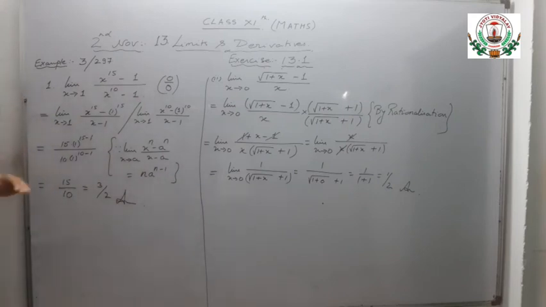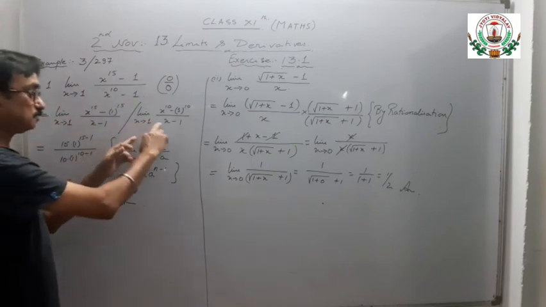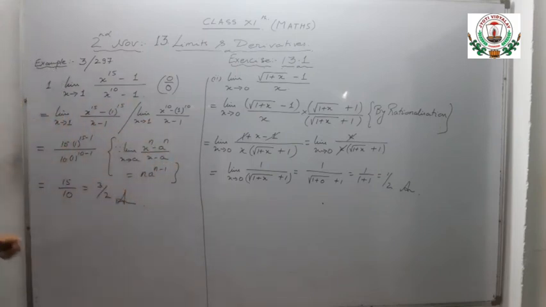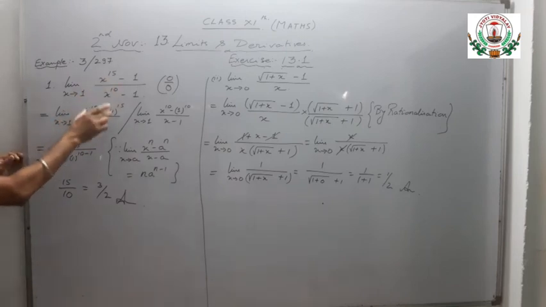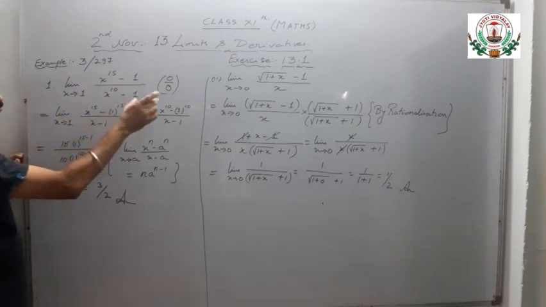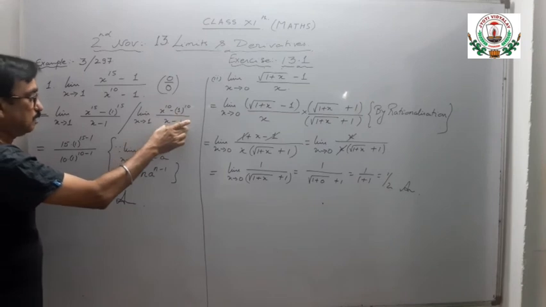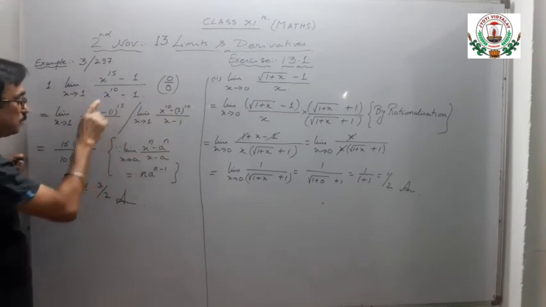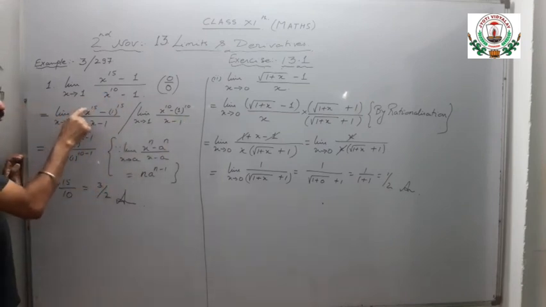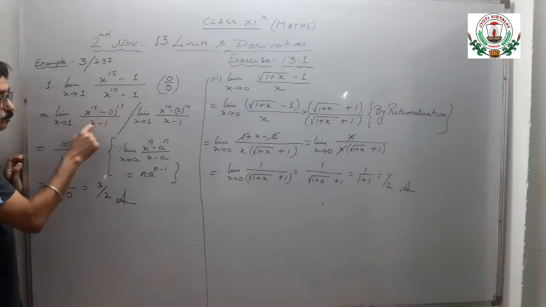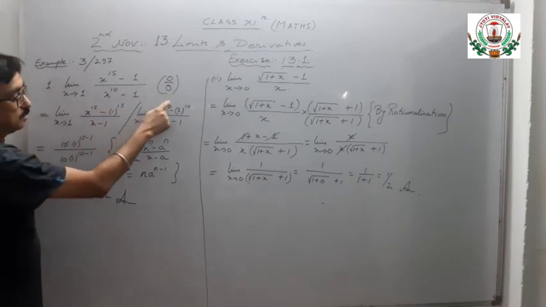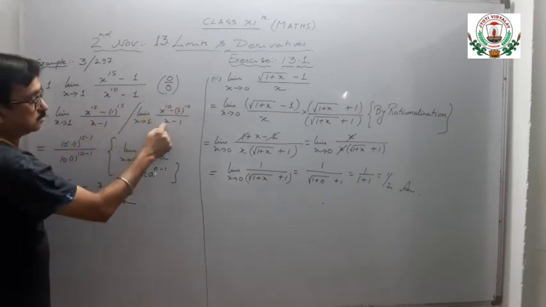So what we will do, we will divide both the numerator and denominator polynomial with x minus 1 to make the format of a limit. So we divide this function with x minus 1 and here also we will divide with x minus 1. Now this becomes in the format of x to the power n minus a to the power n upon x minus a.